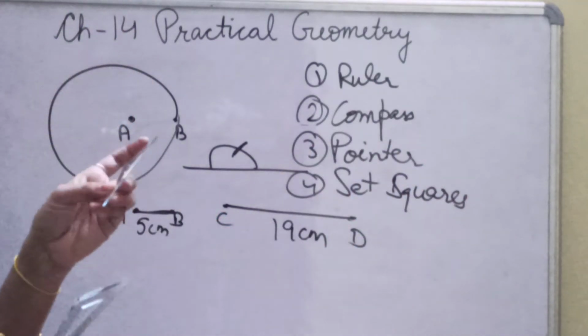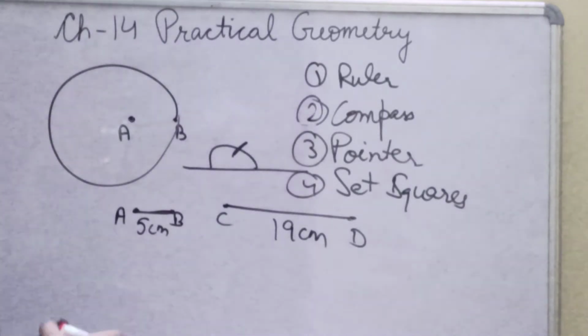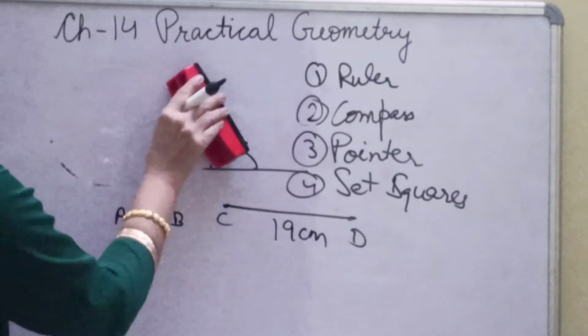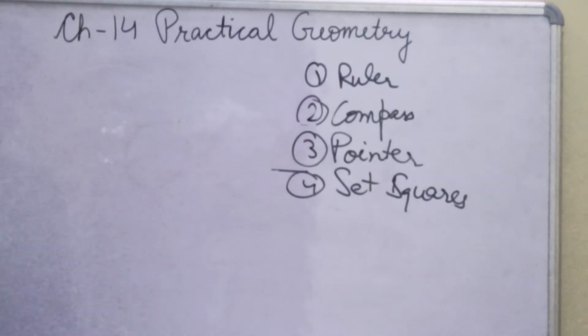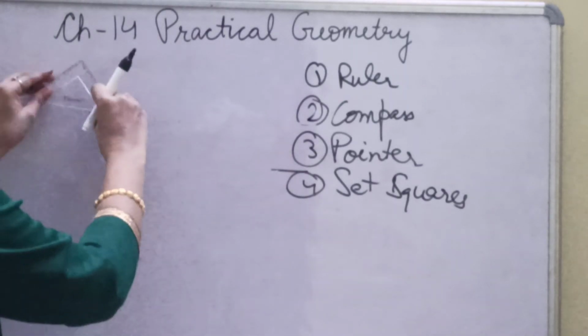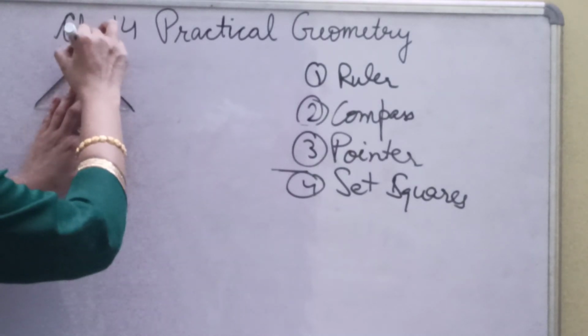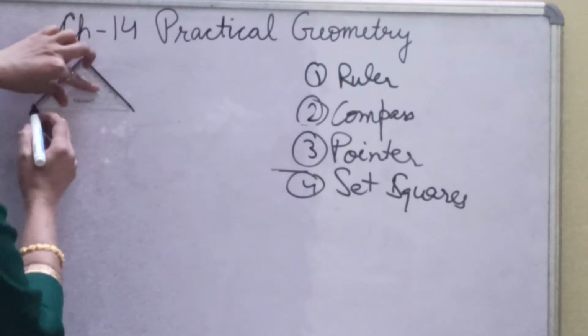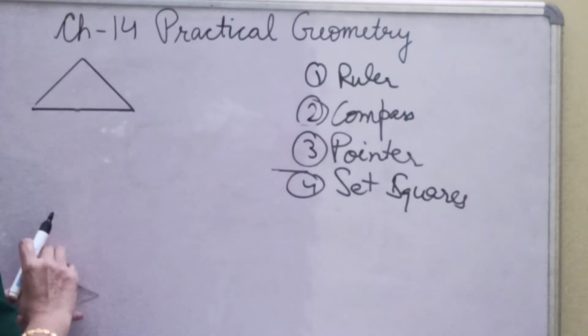Now, why we are using this? As you can see, if I draw the shape of these set squares, if I keep it here and draw the shape, this way you will get one shape.